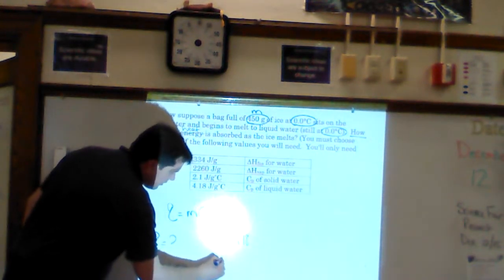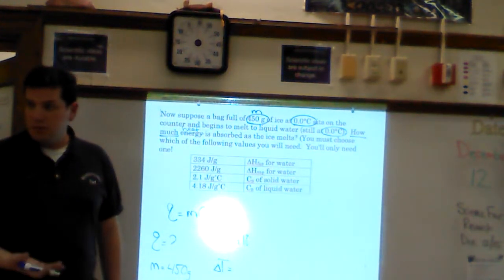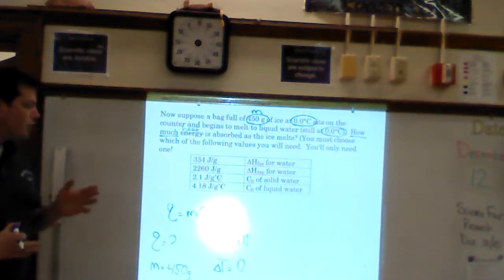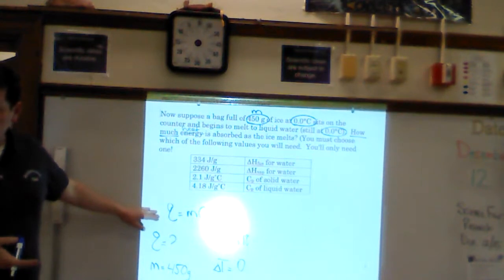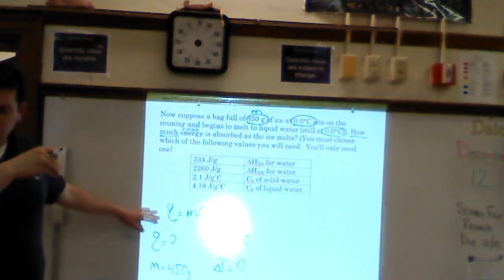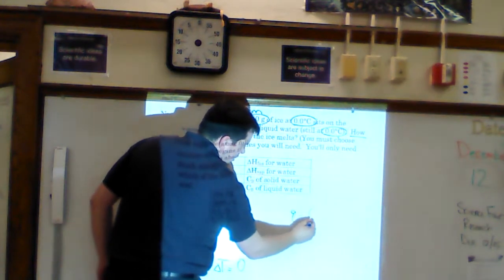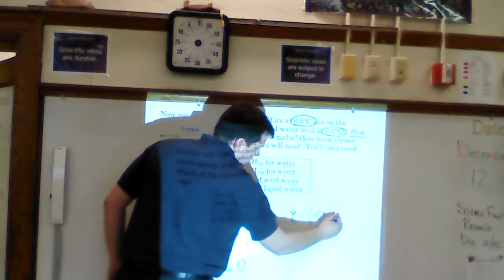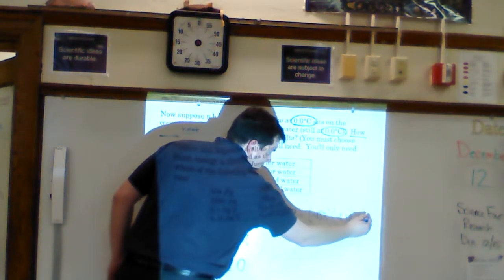Weird units. But here's the problem. My delta T here is 0 minus 0, which is just 0. So if I'm trying to find Q using this equation, and I start plugging numbers in, it would be Q equals 450 times, I'm just going to use the number that I recognize, times 0.